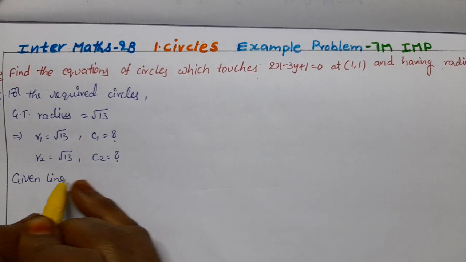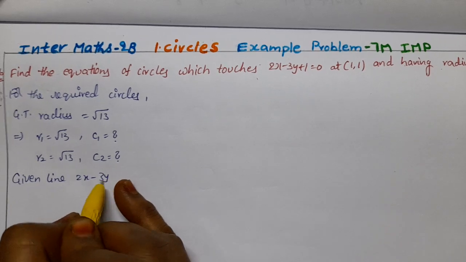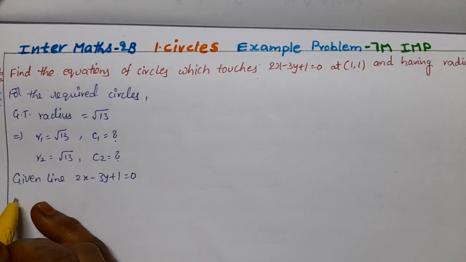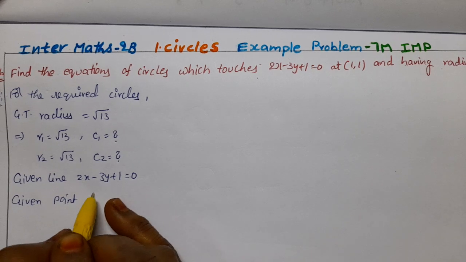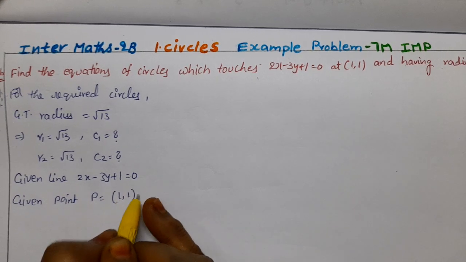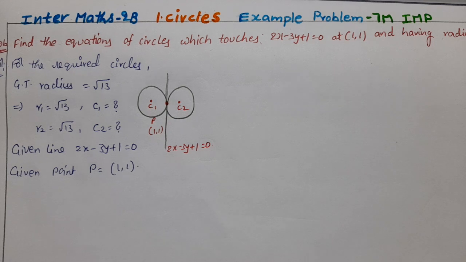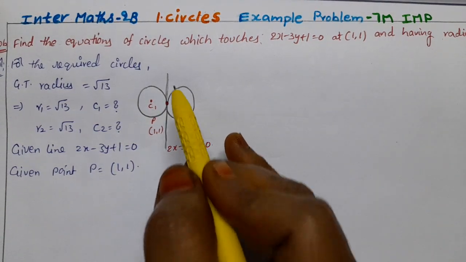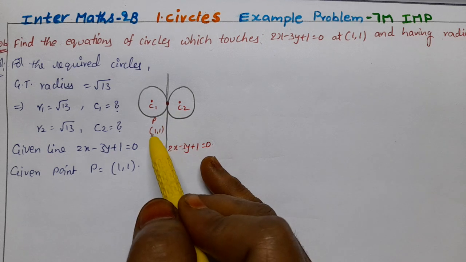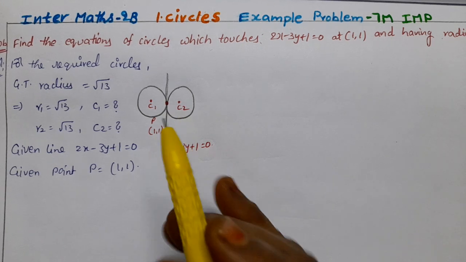Given line 2x minus 3y plus 1 equal to 0. Given point P equal to (1, 1). The required circles touch the line at the point P (1, 1).